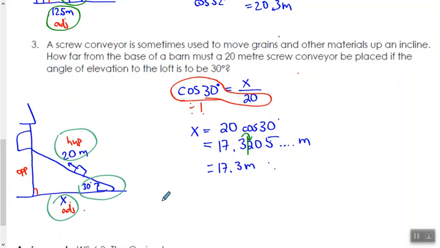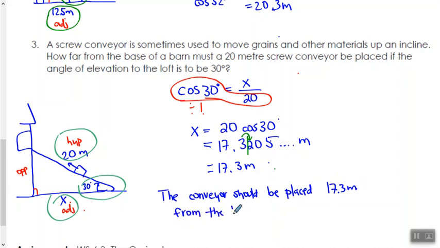And as a sentence: so the conveyor should be placed 17.3 meters from the base of the barn.